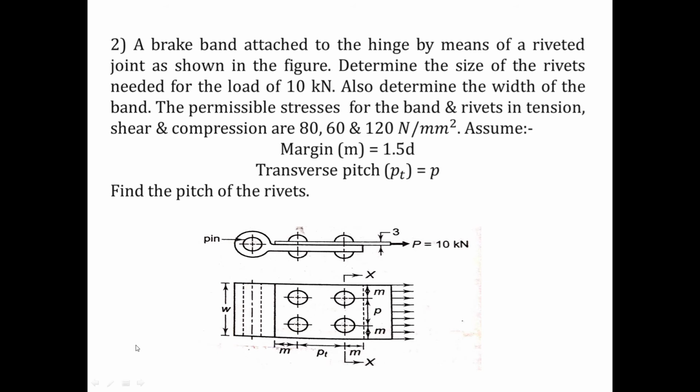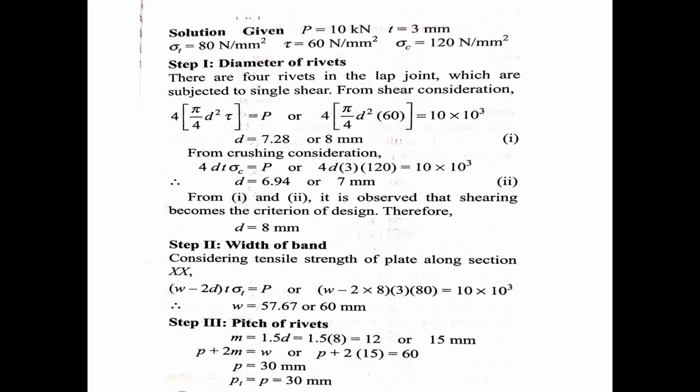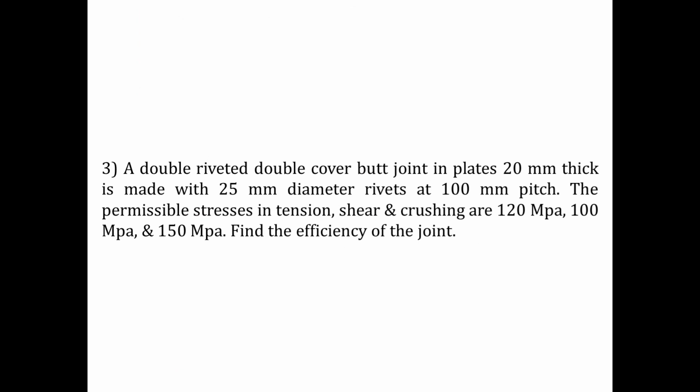So I think we were solving problems related to rivet joint, and in the last class we have solved this problem. So let us continue our discussion and let us solve the remaining problems of strength equations related to rivet joint. So let us read the problem.